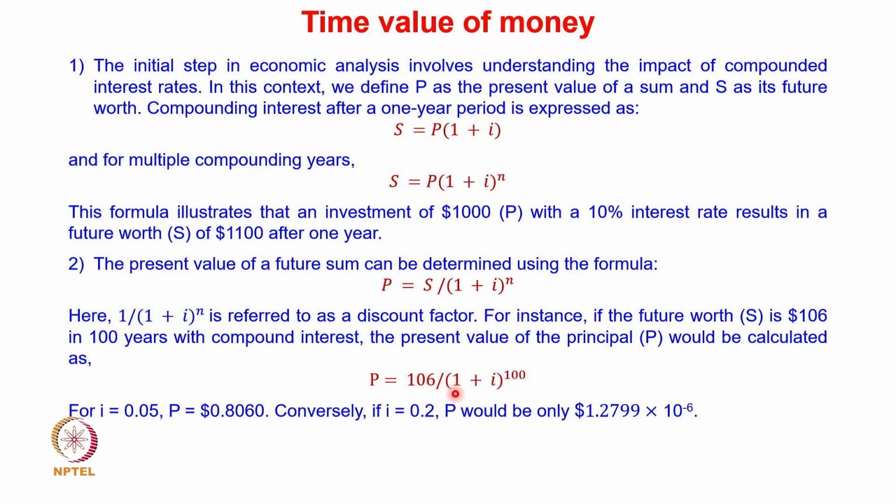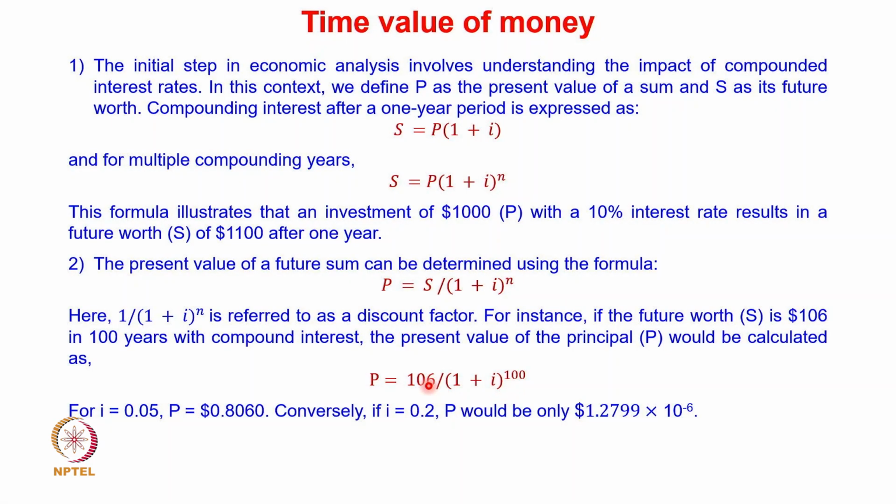So 106 divided by 1 plus I raised to the power 100, because the number of years here is 100. I is, let's say, 0.05, in that case the value of P is $0.8. So you can see that if I invest $0.8 today, after 100 years its value will be 106 with the interest rate of 0.05.